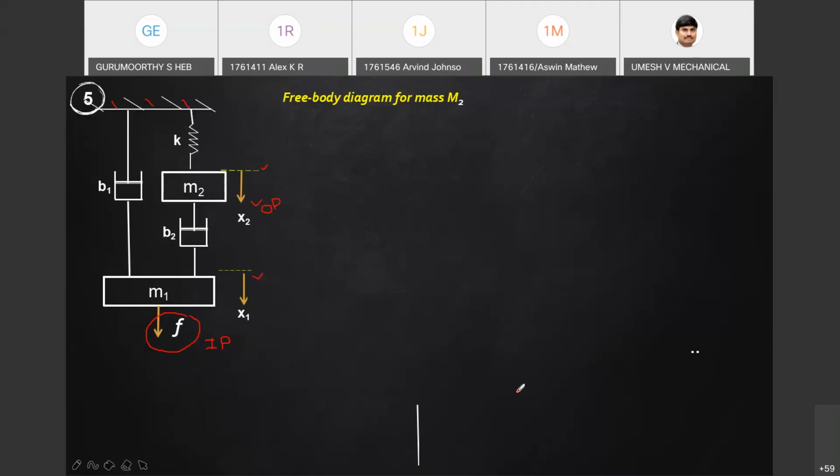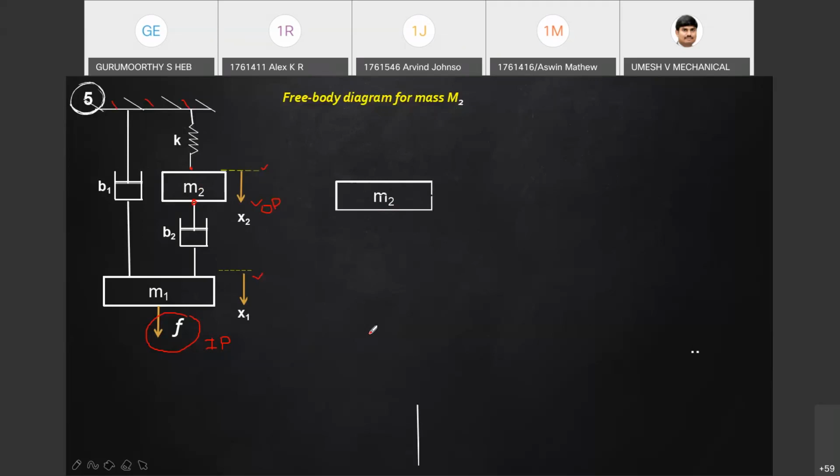Mass is there means inertia is there. There is one spring coming to it, so that force. There is mass. Three forces or elements are attached to mass m2. So it is 3.